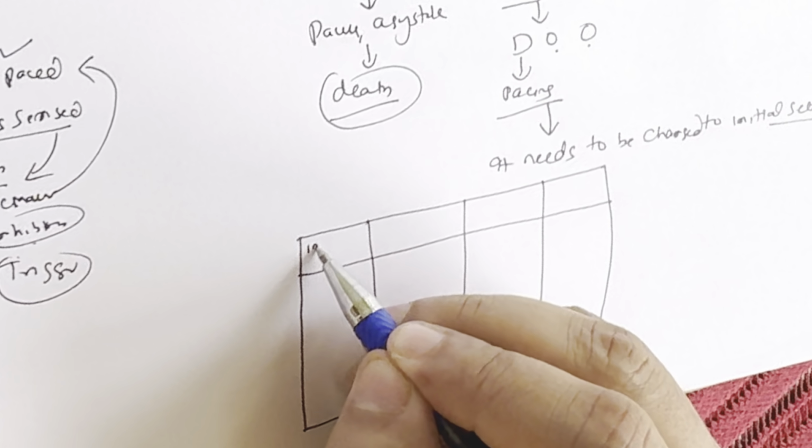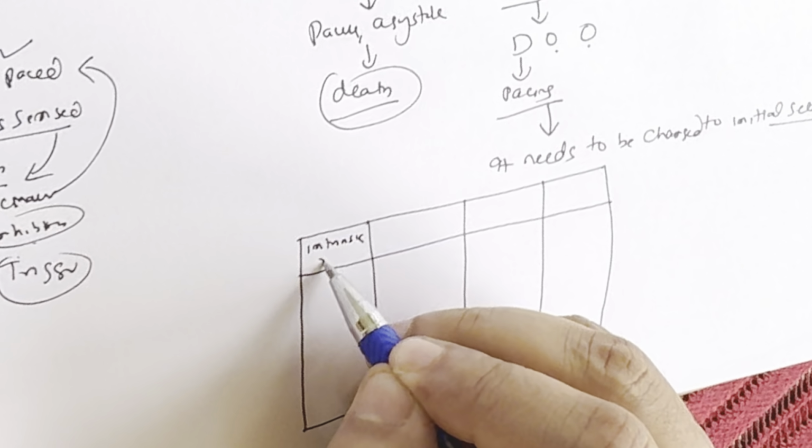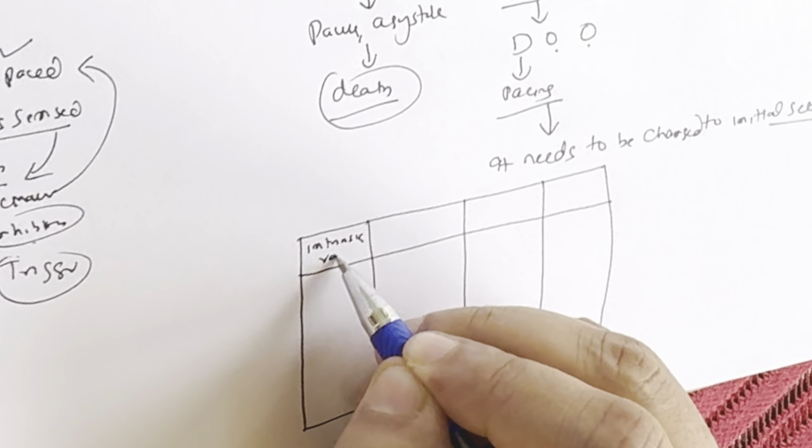So this is the intrinsic rate. This is the pacemaker rate. This is the mode, and this is the result.